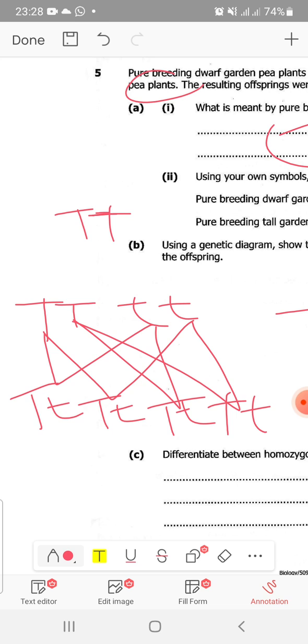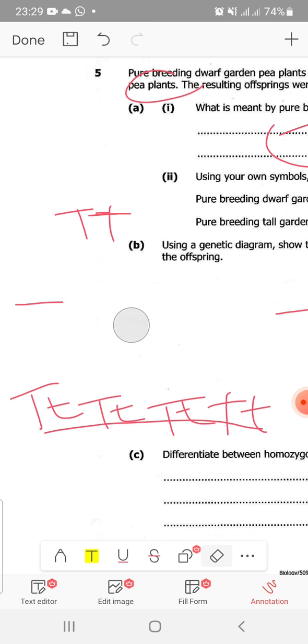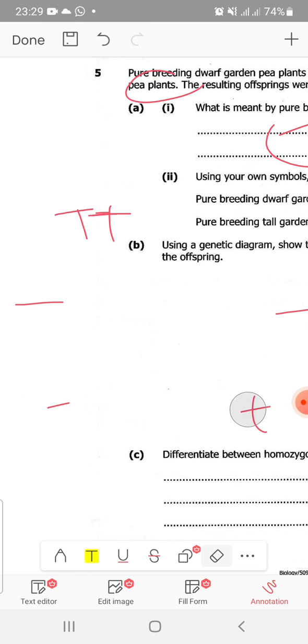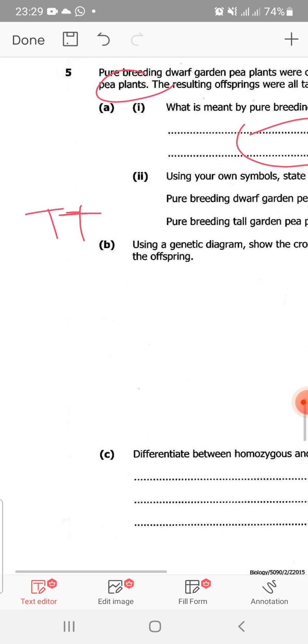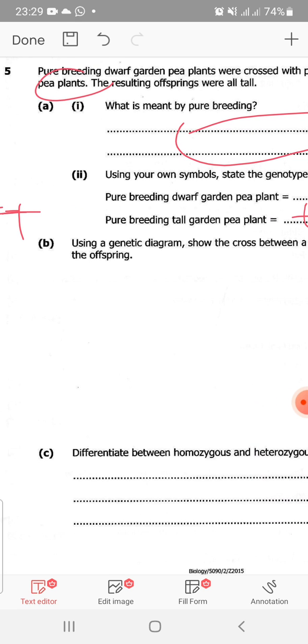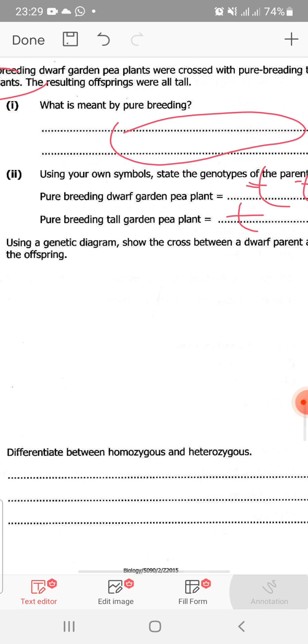Now the question is, draw the genetic diagram between the parent dwarf plant and one of the offspring. So we have the parent dwarf and one of the offspring.